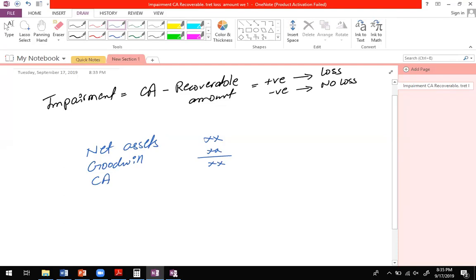The carrying amount is going to be the sum of the net assets and the goodwill. Net assets, which we normally calculate in working number 1, goodwill, which we calculate in working number 2, and if we deduct the recoverable amount from this, we are going to get an impairment loss. This is actually how we calculate the impairment of the assets.